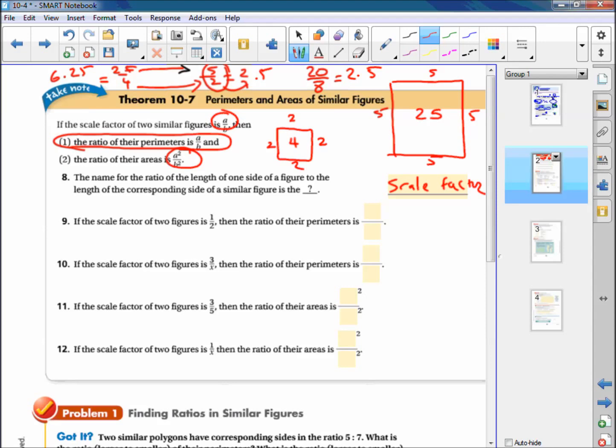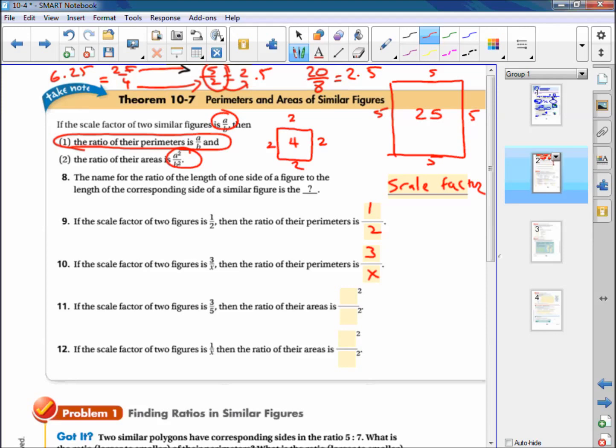So if the scale factor of two figures is 1 to 2, then the ratio of their perimeters would also be 1 to 2. If the scale factor of two figures is 3 to x, the ratio of their perimeters would also be 3 to x. And the way you could think about it is a side or a perimeter, that's still just a length, okay? So when you're measuring length, it has the same scale factor.